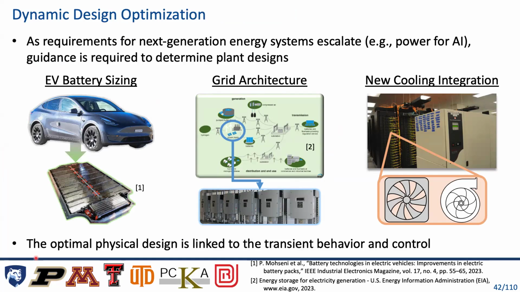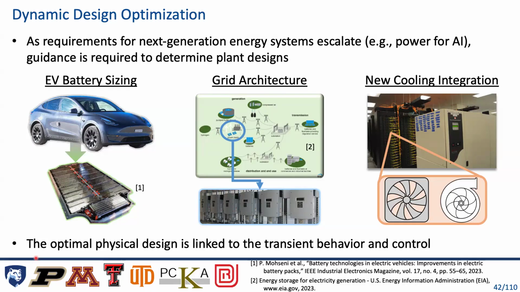That means we need better plant designs for these systems. It applies to electric vehicles, say we're trying to do battery sizing. It applies to our grid architecture. How many inverters do we need? Where are we placing them? Do we need stationary energy storage? And it also applies to what a lot of the microgrids are powering right now, which is our data centers and the thermal management systems associated with them.